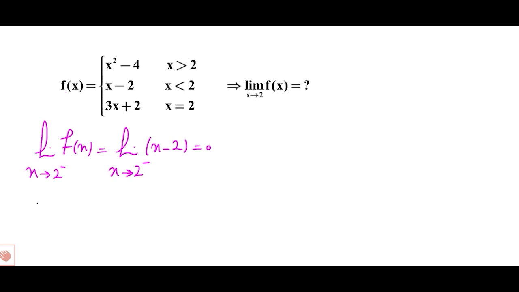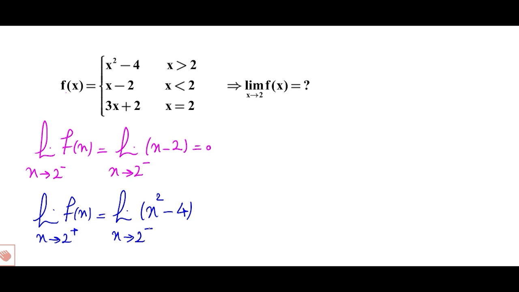And right hand limit is equal the limit of f of x as x approaches 2 from the right, means greater than 2, is equal x squared minus 4. The limit of x squared minus 4 as x approaches 2 from the right is equal, if we plug in 2 for x, we have 2 squared minus 4 is 0.